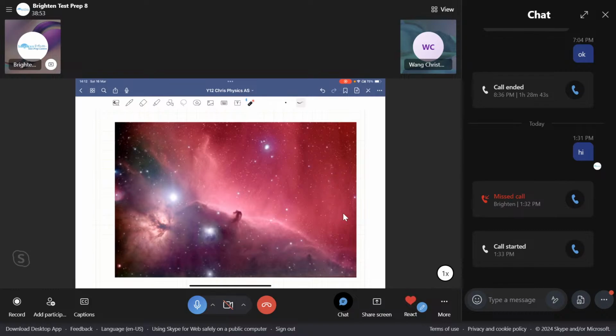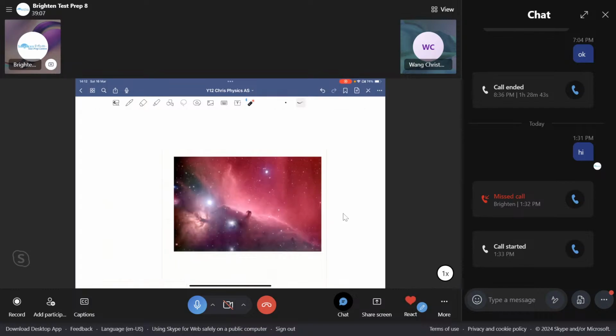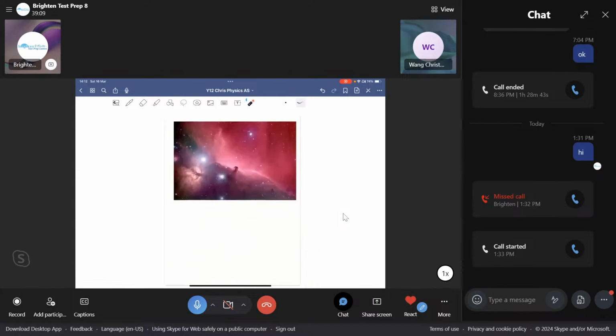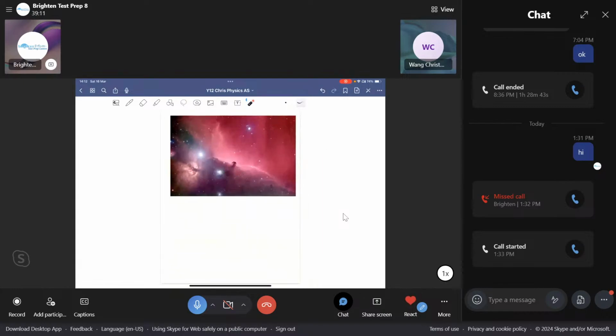So this is from the Orion region, and it needs a bit of fantasy, but of what type of creature could that remind you? It's called after a creature. It's called the Horsehead Nebula, because a nebula is usually like a kind of cloud, but out in the universe.